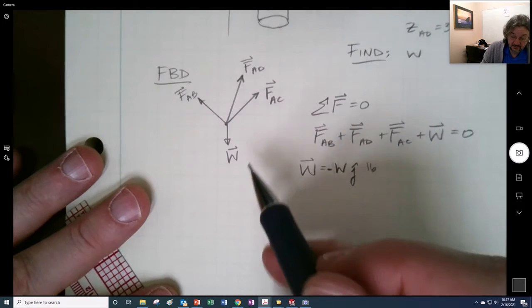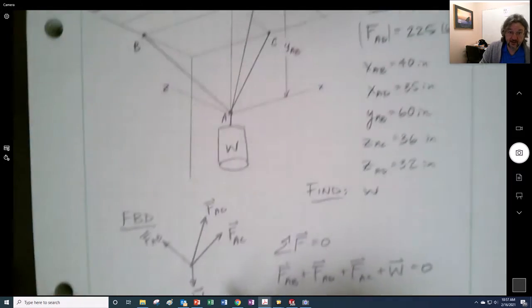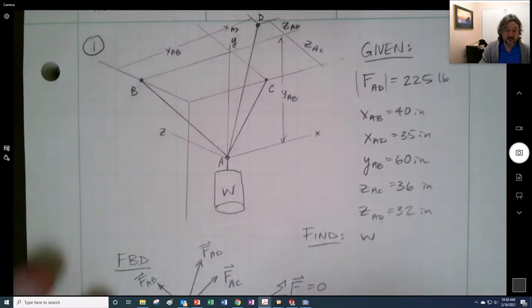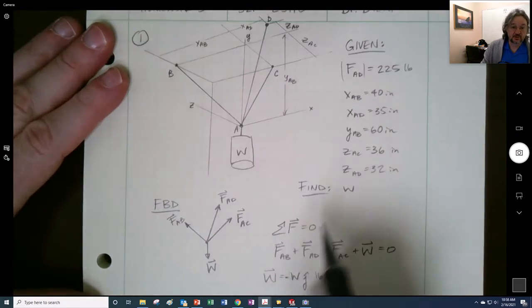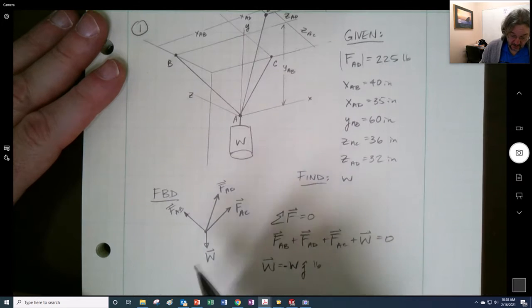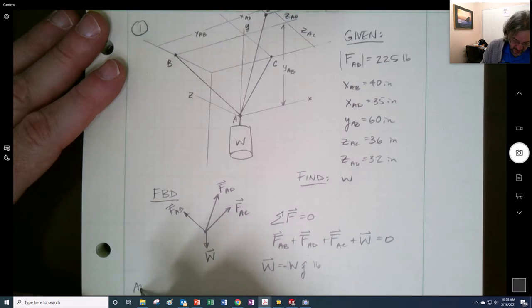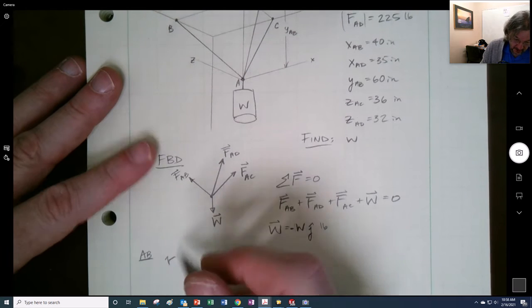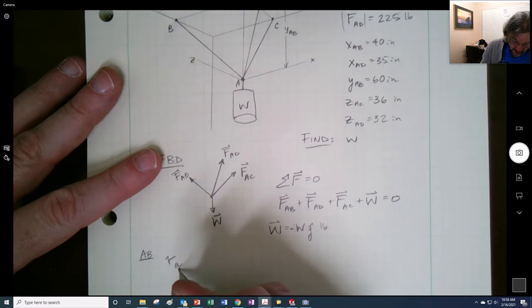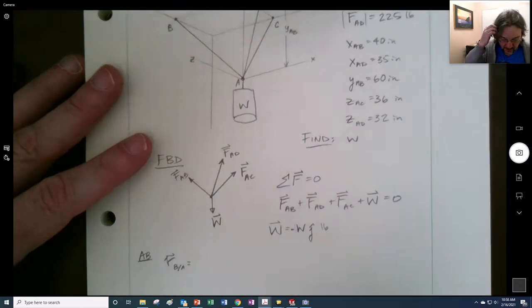So what we do is we have to start getting our direction cosines as part of this. And I'm going to make this a little bigger so I can get some of this up in there. Let's start out in alphabetical order. Let's start out with AB right there. So I find that the direction cosine is going to be B with respect to A. And can I do this in my head?